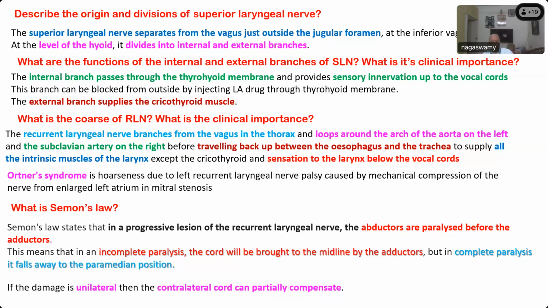That is why we always document the movement of vocal cords before thyroid surgery, because a unilateral palsy cannot be clinically detected. But when you do a nasoendoscopy, you can see one side vocal cord not moving, the other side compensating by overacting onto the other side. So that is the reason why we always have to document the status of the function of the vocal cords before any thyroid surgical procedure.